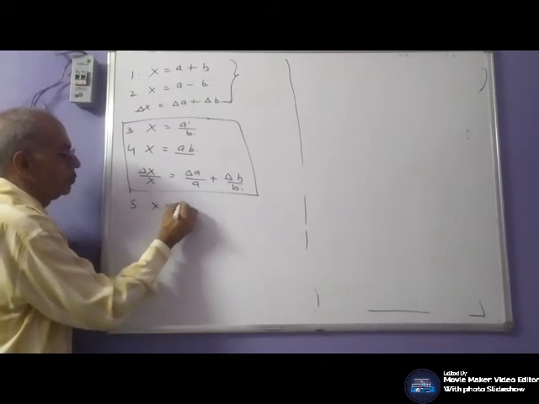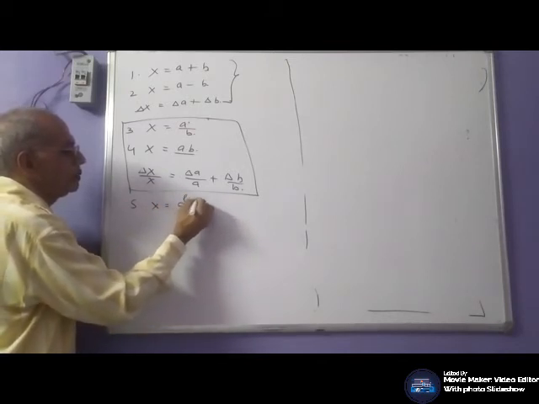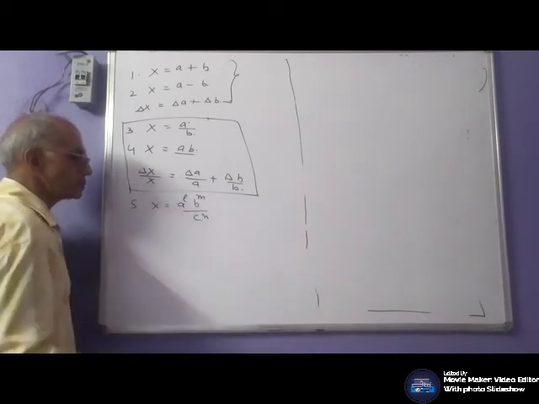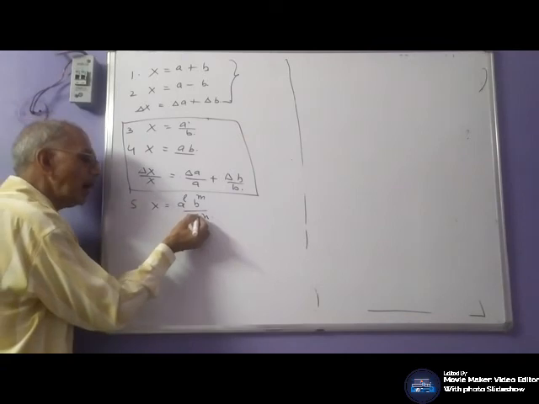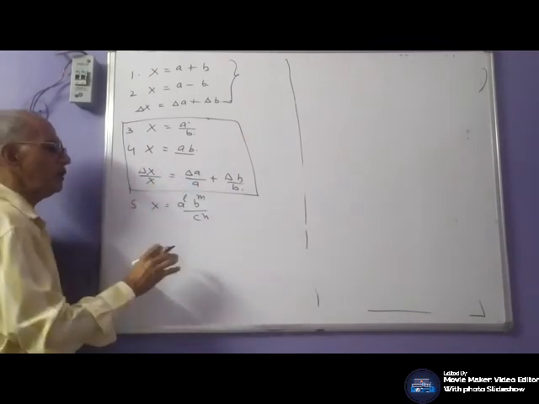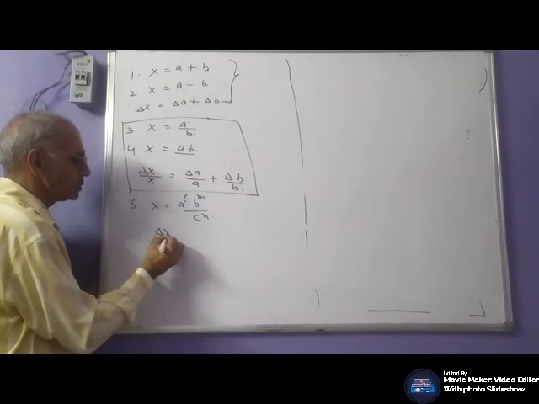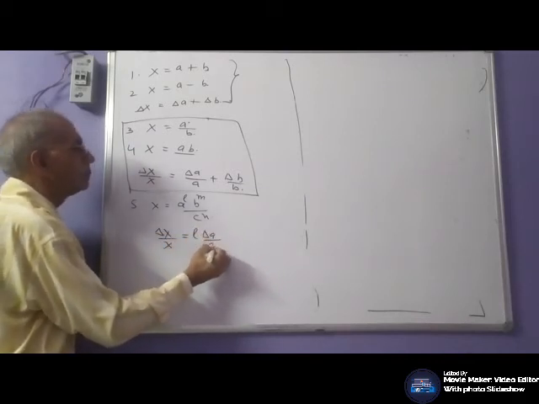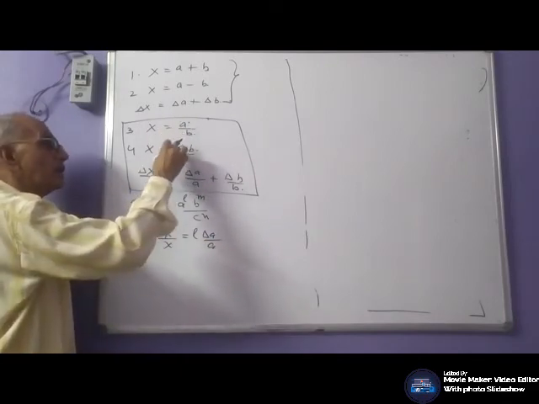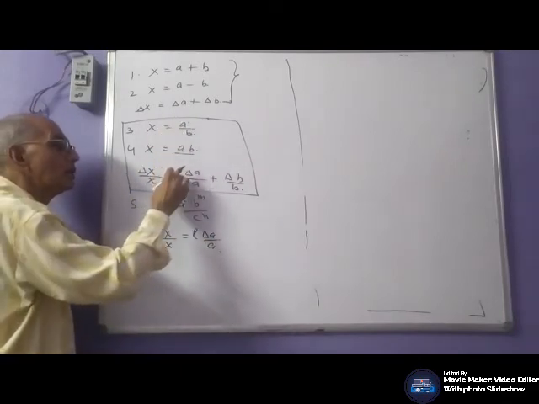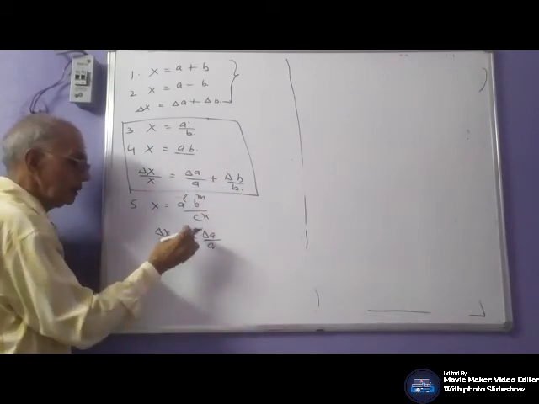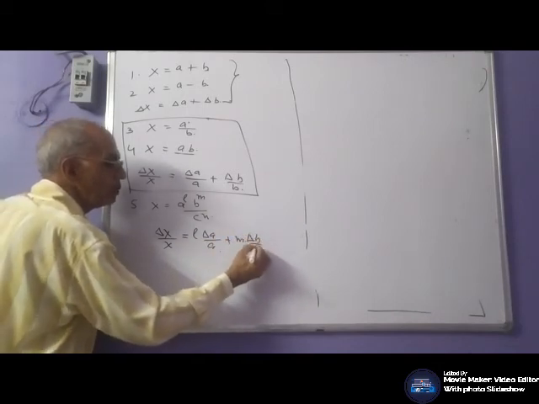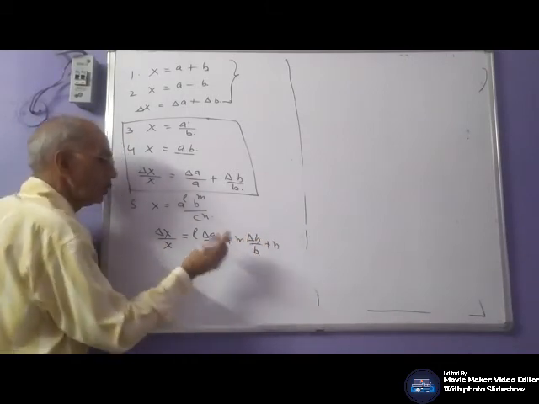X equals a^l b^m c^n, or c to the minus n, plus n, whatever it may be. So delta x by x is l delta a by a, m delta b by b, plus n delta c by c.